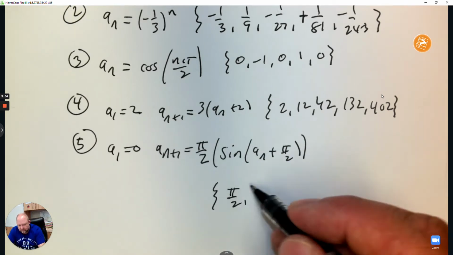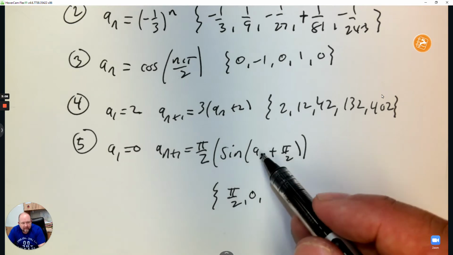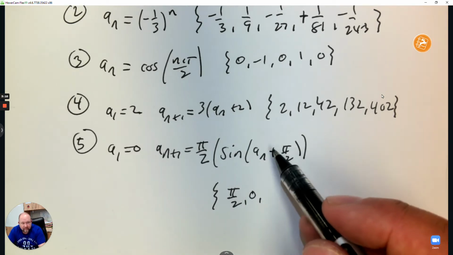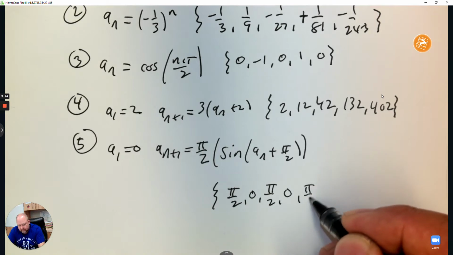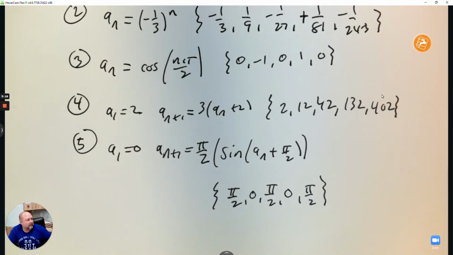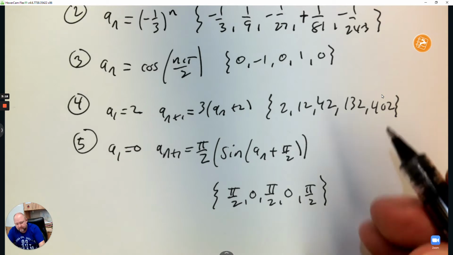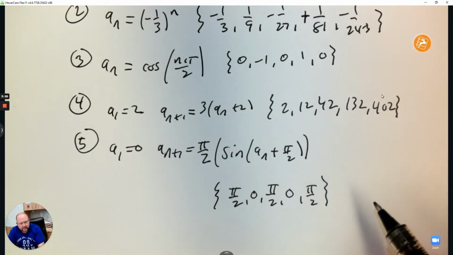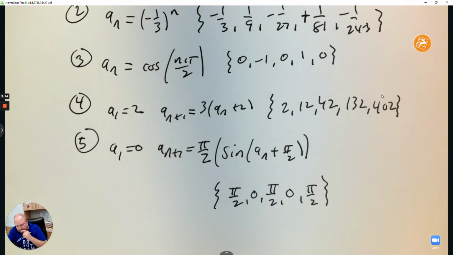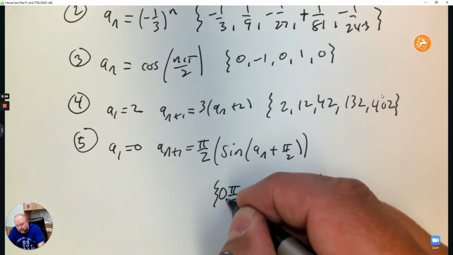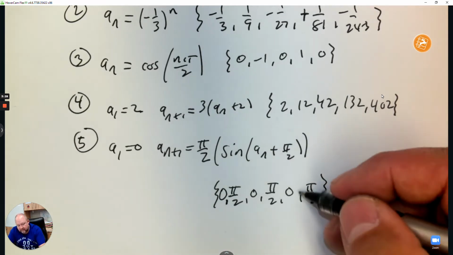That's 0. Plug in 0, so it's sine pi over 2. That's 1 times pi over 2. I see a pattern. And there you go. Is that too many? Oh, it says A1 is 0, so that's actually the pattern right there. And it would stop right there.